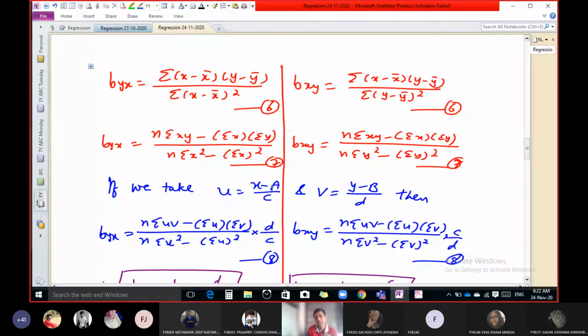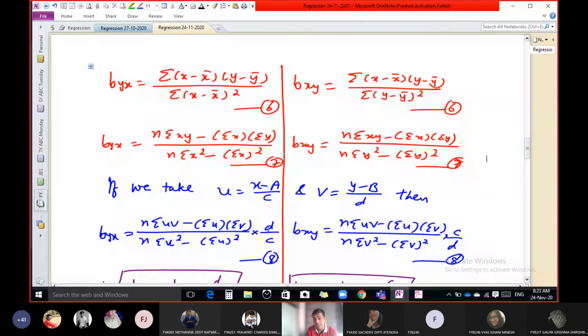If we subtract a, where a is any assumed value, any constant number, and c is also any constant number, then x minus a upon c gives one new variable u, and y minus b upon d gives another variable v. So instead of x and y, you can use u and v. Because of one of the properties, regression coefficients are independent of change of origin but dependent on change of scale.